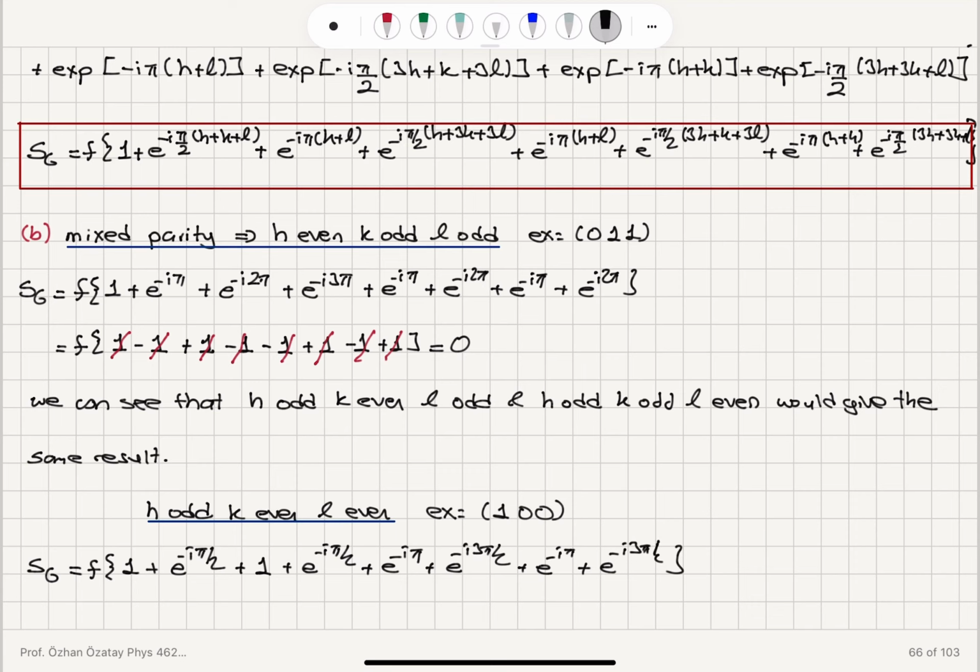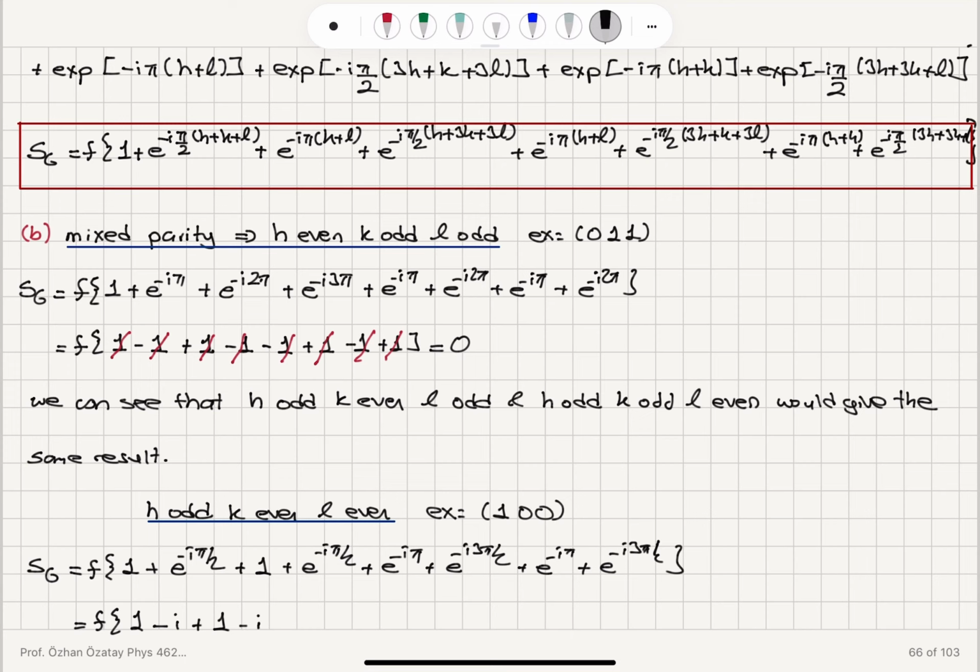So what are these numerically? We have 1, e to the minus i pi over 2: cosine pi over 2, that's 0, minus i sine pi over 2, that's minus i. And then we have a plus 1, e to the minus i pi over 2, again minus i.